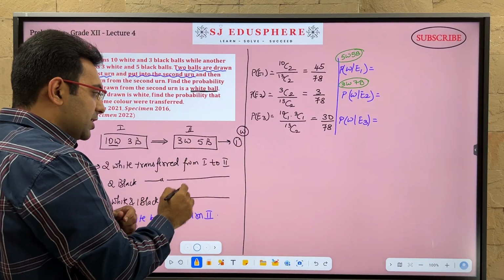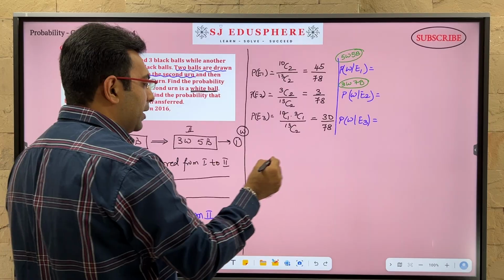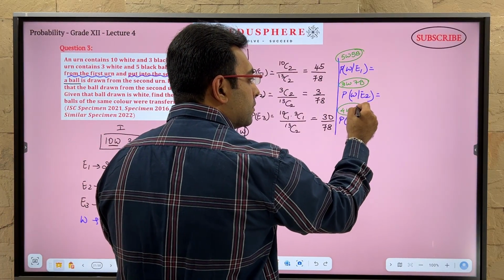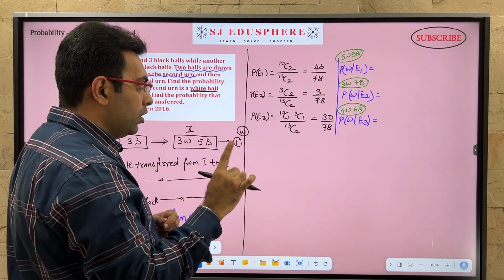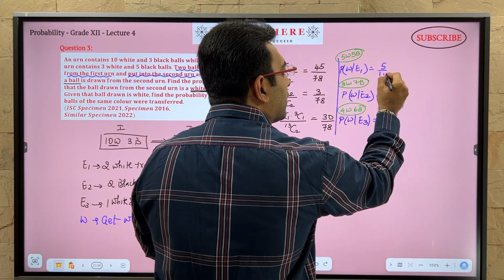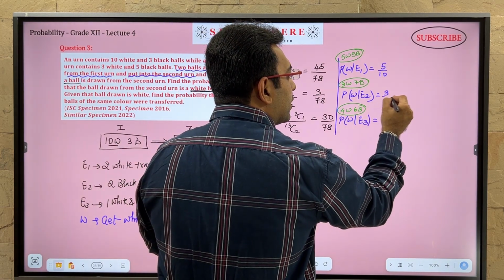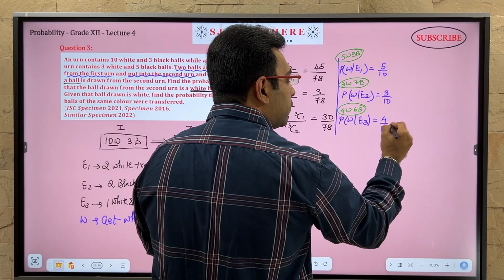And if you transferred 1 white and 1 black, then your count will become 4 white and 6 black. So now you are selecting only one draw. So probability of a white ball is 5 upon 10. Probability of a white ball is 3 upon 10, and probability of a white ball is 4 upon 10.